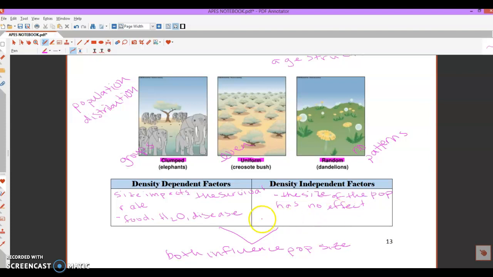Okay? So these are things that are going to be outside of the control of the individuals that are living there. So things like natural disasters, hurricanes, tornadoes, floods, we obviously can't control those. Okay? And we can also throw climate change in there as well, because climate change is causing major impacts across the globe.